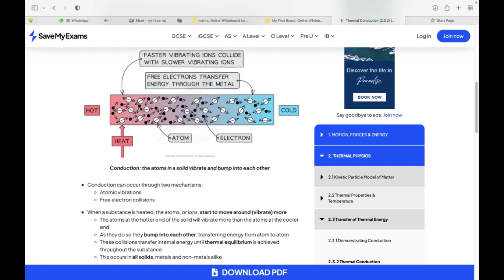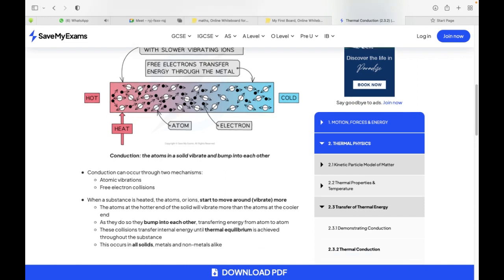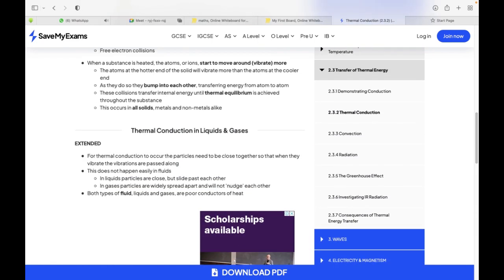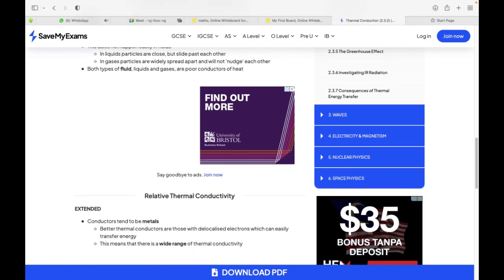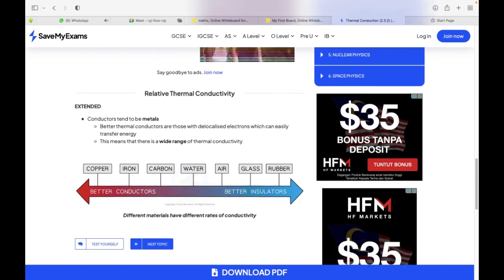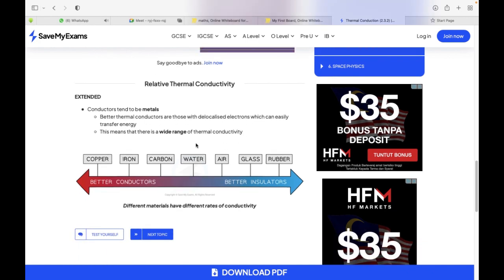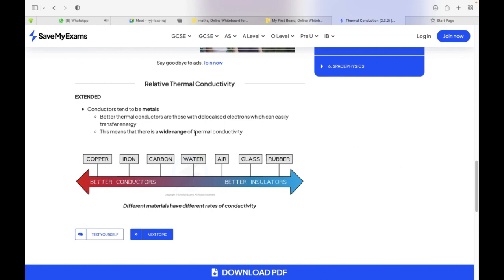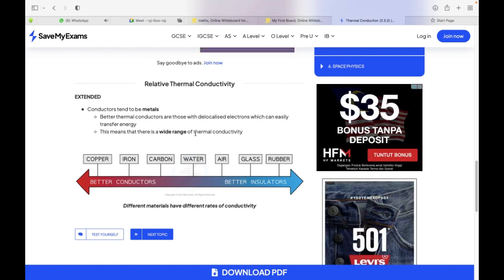They gain heat energy, and they're able to pass it from the hot side to the cold side. So this only happens in metals. That's why metals are super good conductors. Solids are good conductors, but metals are better because they have delocalized electrons.